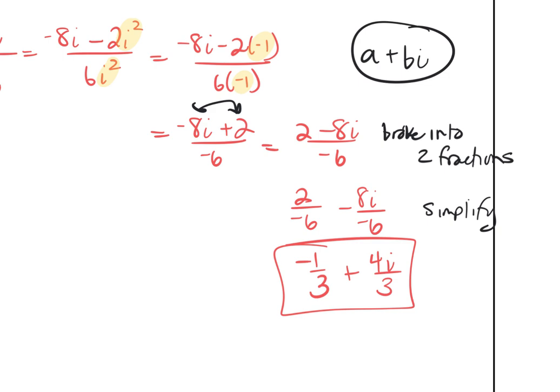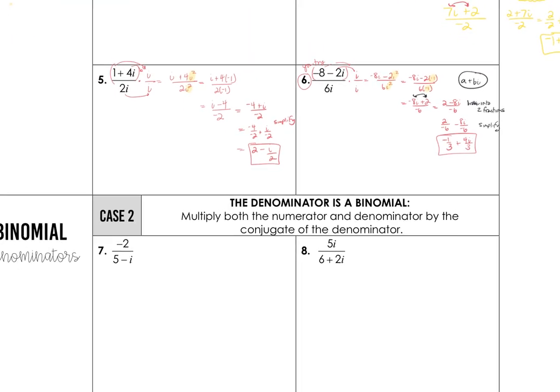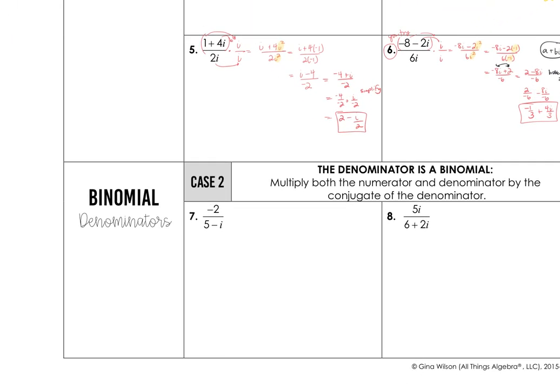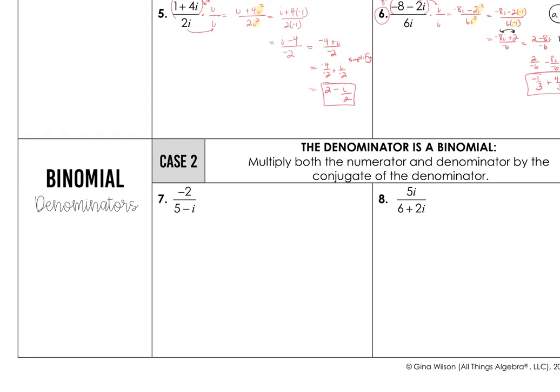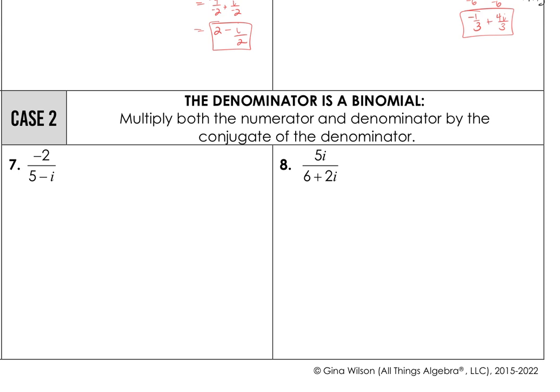All right, moving on. We are going to take a look at different problems where you have what's called a binomial denominator. If you can see now, it's 5 minus i, 6 plus 2i. And so when this happens, you're going to multiply the top and the bottom by the complex conjugate.